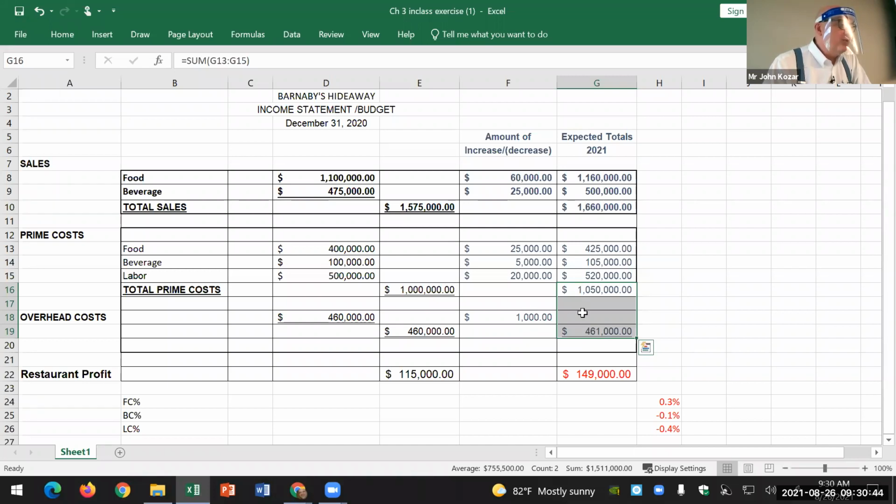When you cover them both in Excel, it comes up with the total down at the bottom, 1.511 million. So you can just take the 1.66 and subtract the 1.511, and that gives you your 149. So this formula up here is telling you take your sales, subtract your prime costs, subtract your overhead costs, and then you have your profit. Does that make sense?